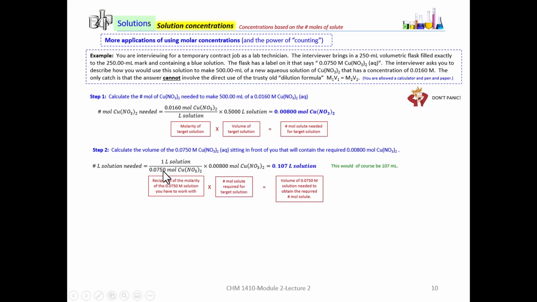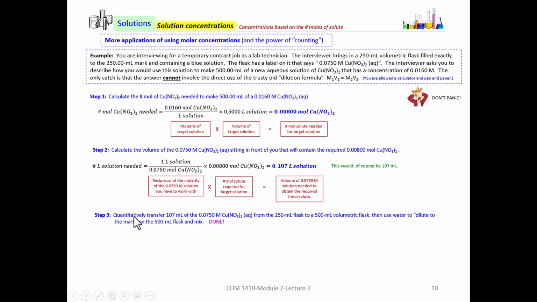All I'm doing here is taking the reciprocal of the concentration of the solution you have in front of you and multiplying by the number of moles of copper nitrate you need. Moles of copper nitrate cancel out, and you get 0.107 liters of solution, which would of course be 107 milliliters of that solution that's sitting in front of you.